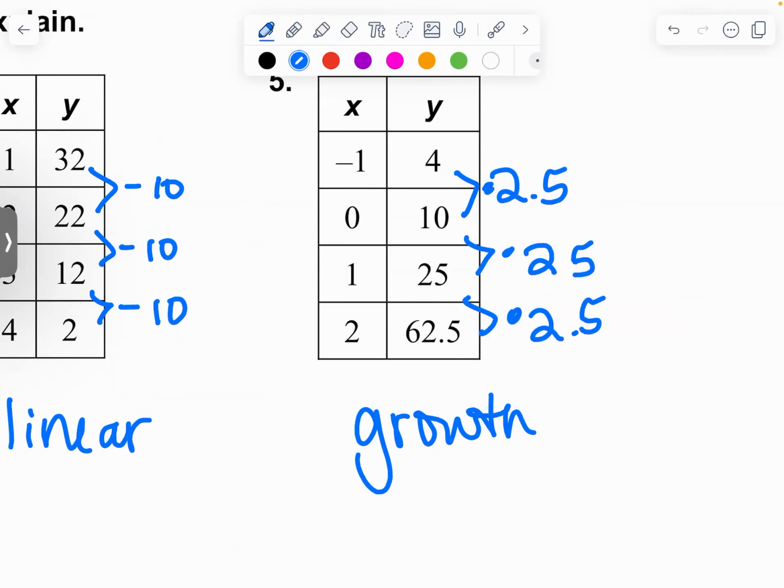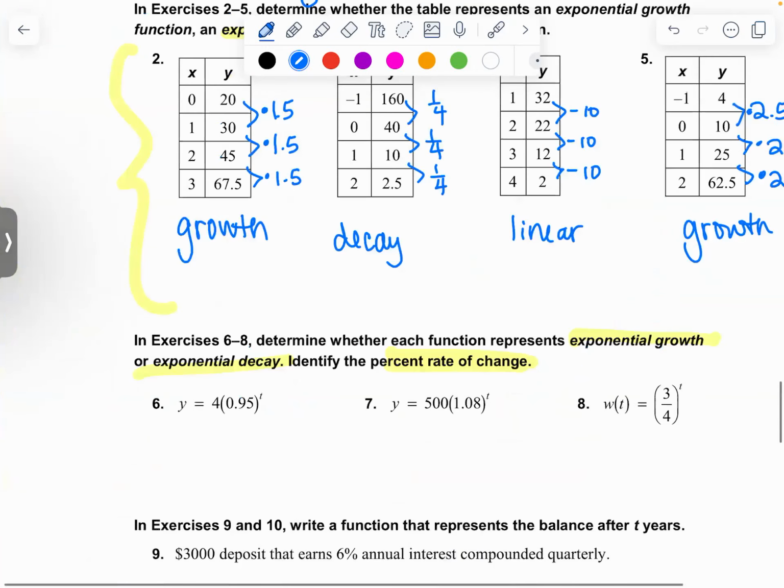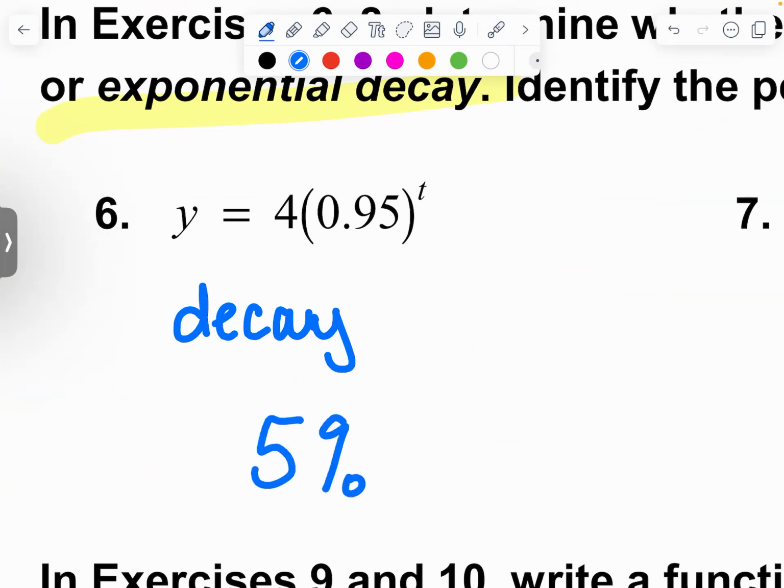Now, when we have an equation in number 6, Carly, do we have exponential growth or decay? We have decay. Virgil, how do we know that this is decay? This number is less than 1. Harry, specifically, what is our rate of decay? 5%. This is 0.05 under 1, so 5%.